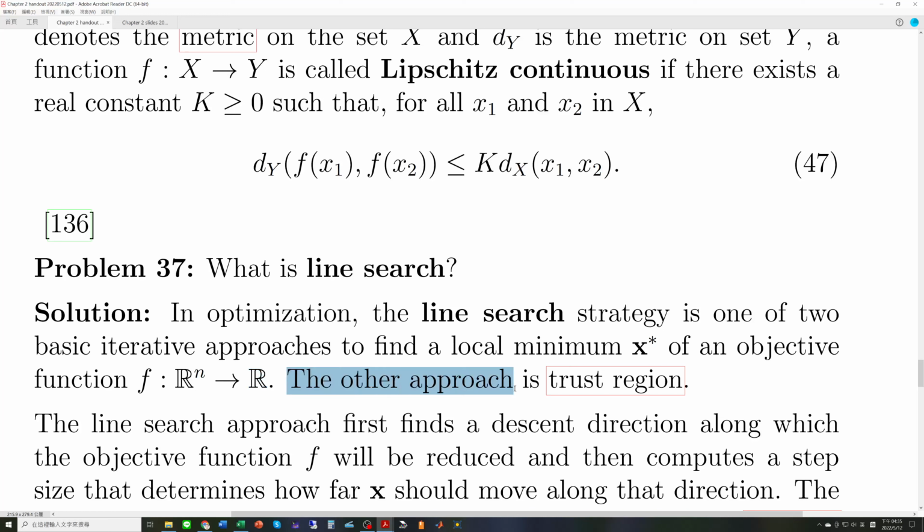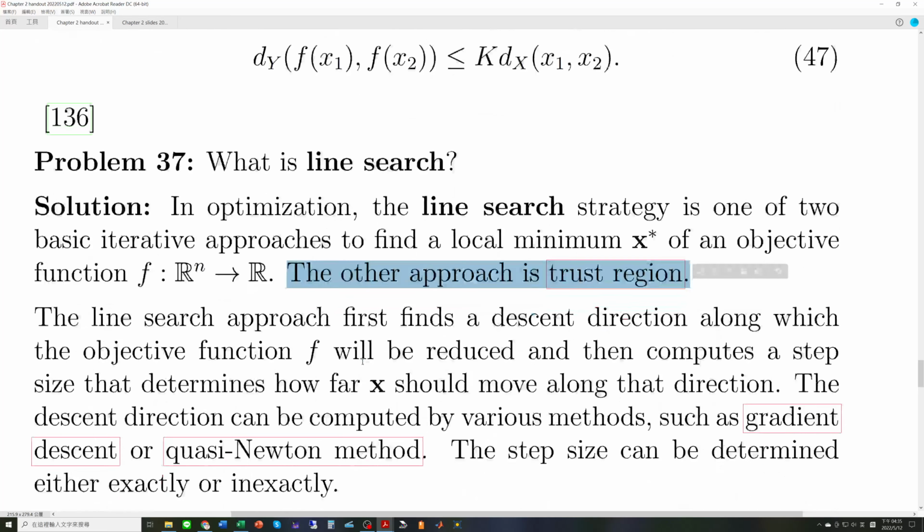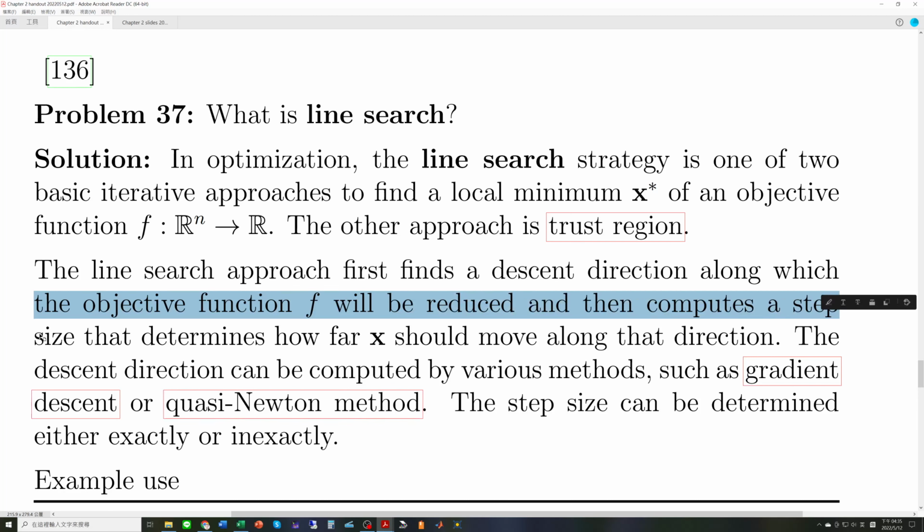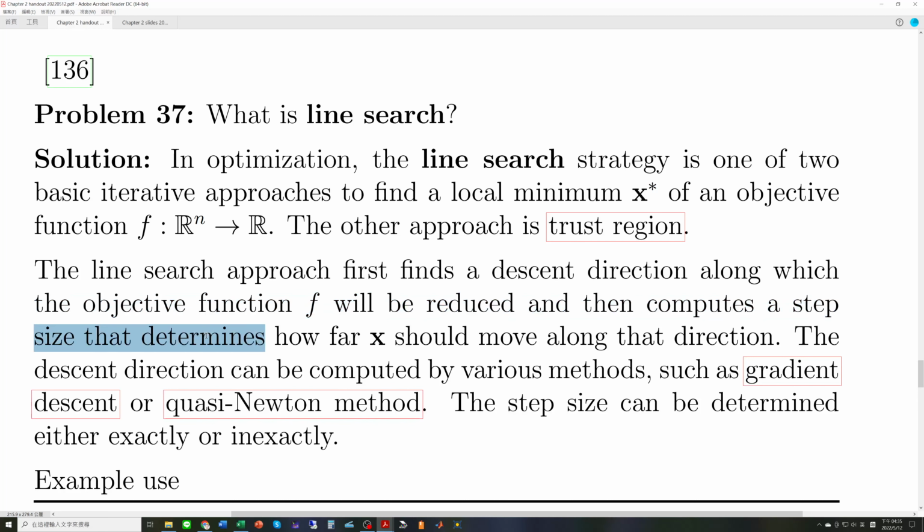The other approach is trust region. Okay, we will introduce what is trust region later. The line search approach first finds a descent direction along which the objective function f will be reduced, and then computes a step size that determines how far x should move along that direction.